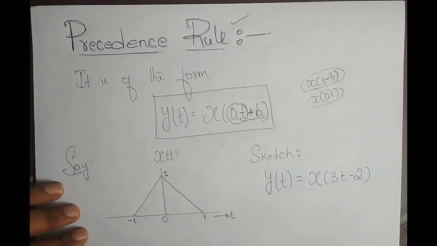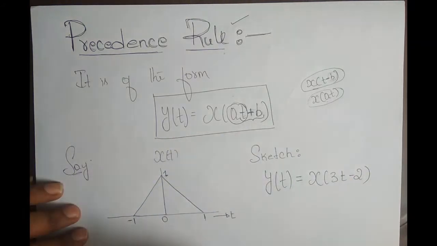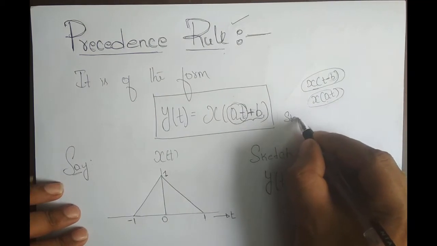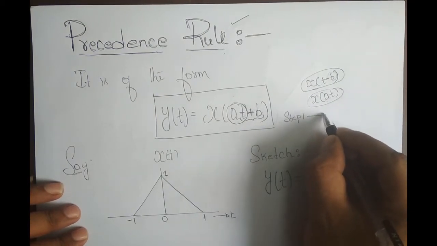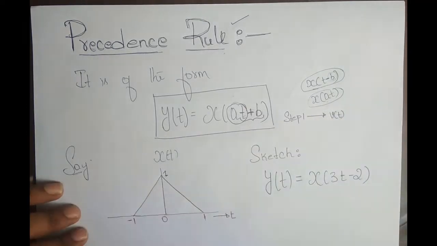Before I take up this example, whenever I have to follow the precedence rule, I have to take care of two steps. Step one, I have to sketch an intermediate signal, small letter v of t.